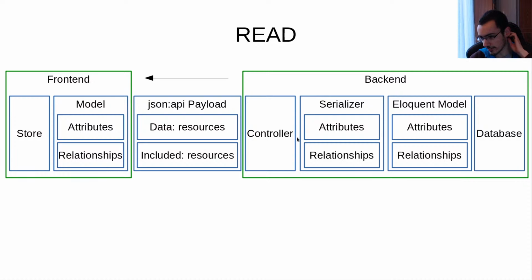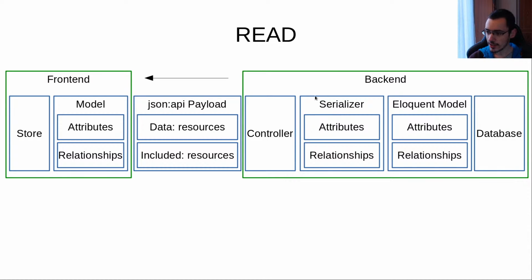So this is what the serializer does in Flarum. It's actually a separate library, but we have integrated this into Flarum. And the serializer is used to transform something into something that's JSON API compliant.